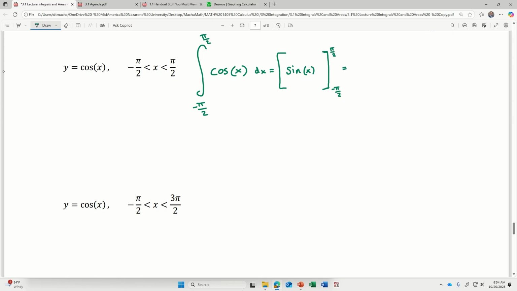So I'm going to calculate what is sine of pi over 2. One. Now what is sine of negative pi over 2? Negative 1. So the integral of cosine from negative pi over 2 to positive pi over 2 is 2.